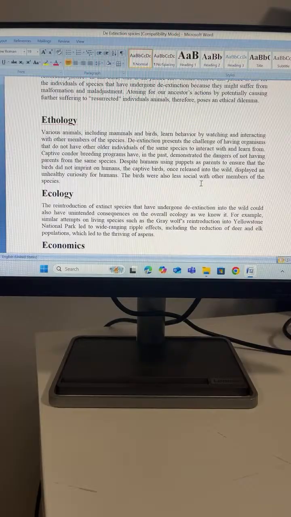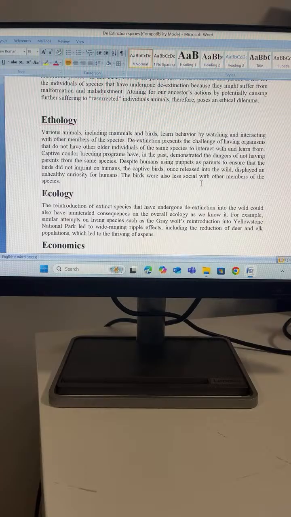Ethology. Various animals, including mammals and birds, learn behavior by watching and interacting with other members of the species. De-extinction presents the challenge of having organisms that do not have other older individuals of the same species to interact with and learn from. Captive condor breeding programs have in the past demonstrated the dangers of not having parents from the same species.